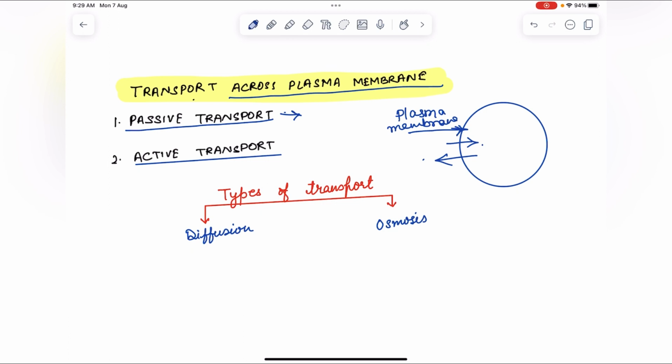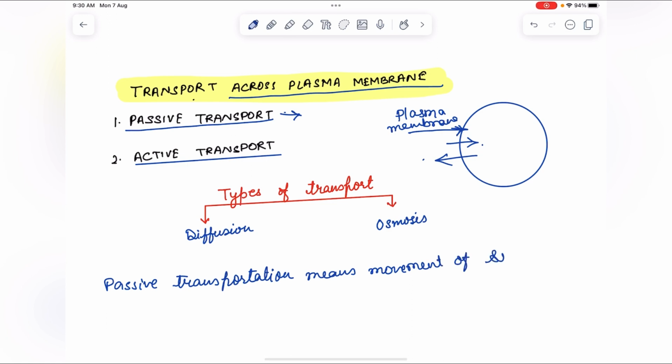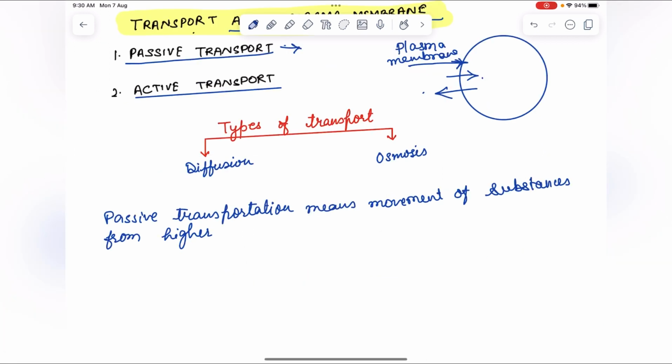What is passive transportation? It is the movement of substances across the plasma membrane with the concentration gradient, that is, from higher concentration to lower concentration.